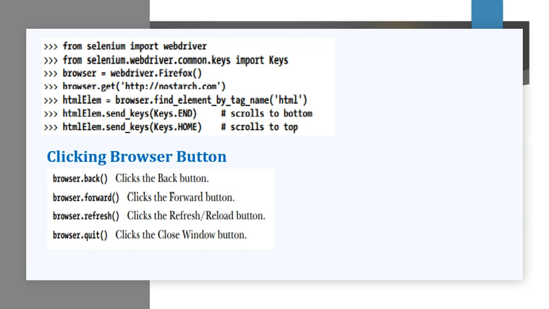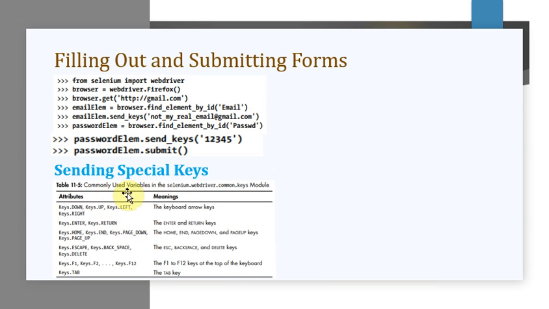Just come back to the previous slide. You can see here the commonly used variables in the selenium.webdriver.common.keys module. Some of the variables or attributes used are Keys.DOWN, Keys.UP, Keys.LEFT, Keys.RIGHT, which are your arrow keys.